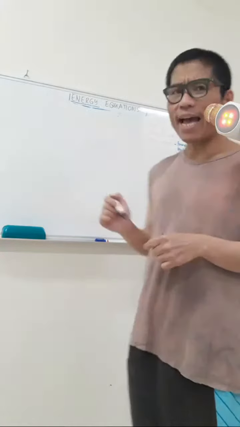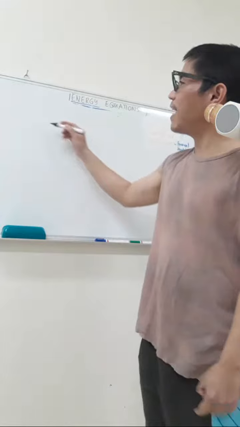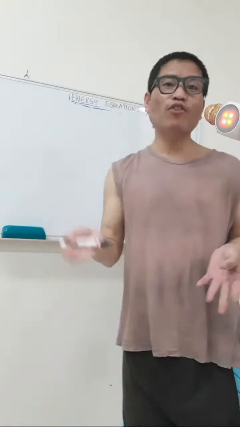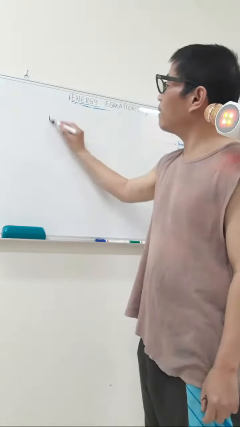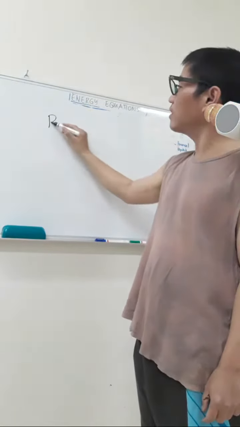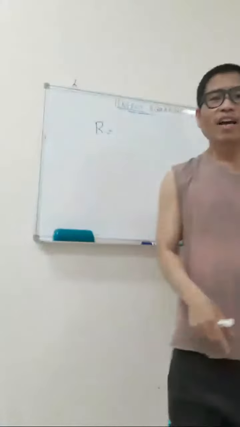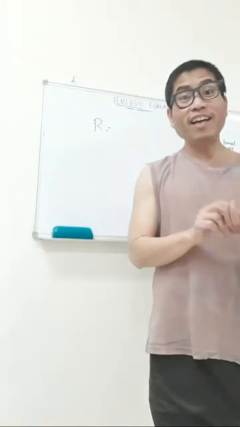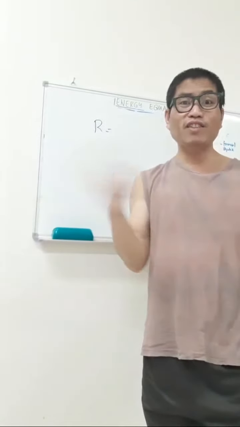Going back to the topic, which is the universal gas constant. First we will write the values so that you can memorize them in your brain cells. Capital R. Can you see my board, guys? Actually, I want to vlog in landscape, but it's not fitting on the screen.